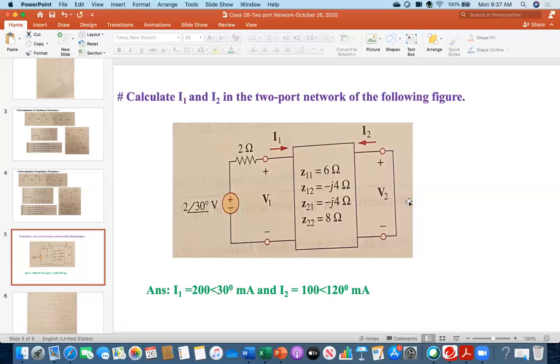Now you solve for I1 and I2, whatever technique you use, algebra or matrix form, whatever way you do. And of course, you have to apply the phasor algebra because there is j. Then you should be getting, with little effort, I1 this one and I2 this one.